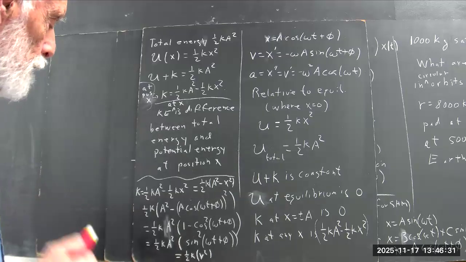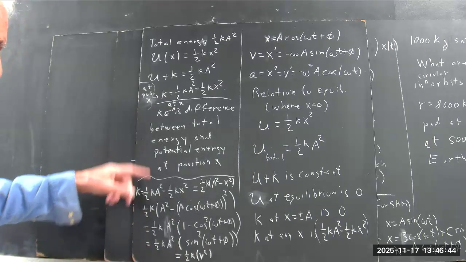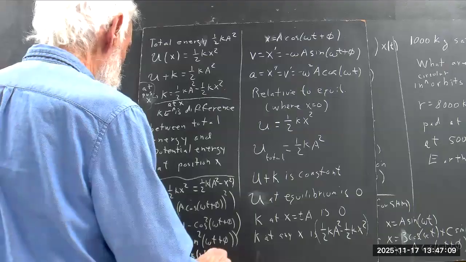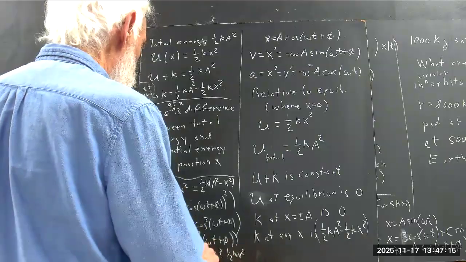And there's a little trick. Something's a little haywire here. It should come out 1/2 mv squared.